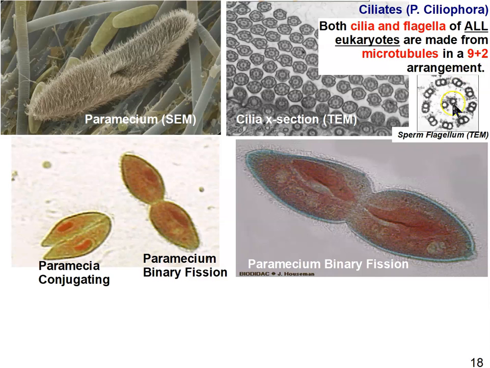But in this 9+2 arrangement of microtubules in both cilia and flagella, there are 9 pairs of microtubules around the circumference of the cilia or flagellum, and in the middle there's another pair. That's the +2. So 9 pairs around the outside plus 2 in the middle. Not 2 pairs, just 2 microtubules. So they just refer to this as a 9+2 arrangement.